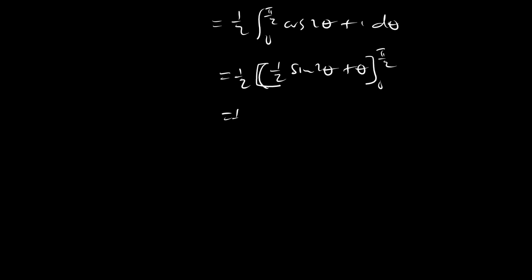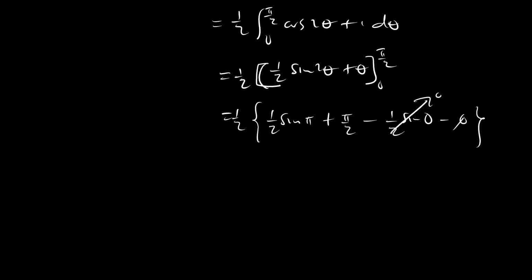So this is the same as a half sine pi plus pi over 2 minus a half sine 0 minus 0. This is 0, this is 0, this is 0. And so we have a half times pi over 2, which is pi over 4.